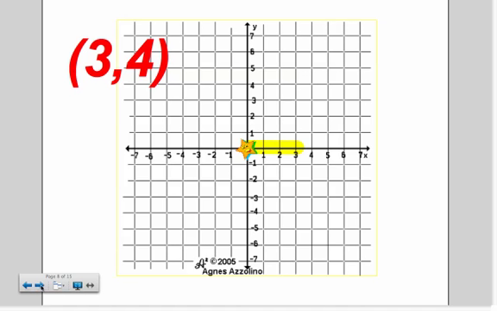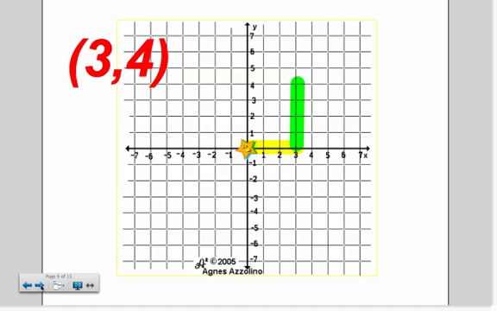The next thing I do is the next number inside the set of parentheses tells me whether I go up or down. This is used on the y-axis. All right, so now I want to find out where y is 4, and then I trace that path. Now, I just want to pause here for a second. The first number always decides whether we go left or right on the number line.